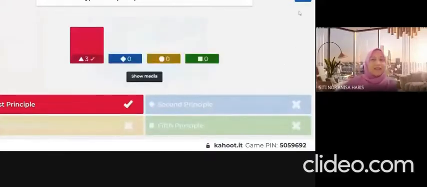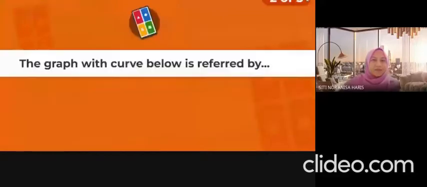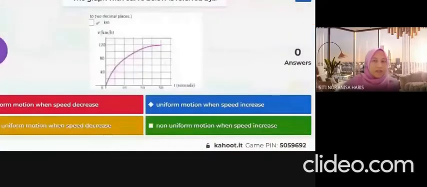I can see that all of you are correct. Good. Next. The second question: the graph with the curve below refers to either uniform or non-uniform motion, or whether the speed is increased or decreased.